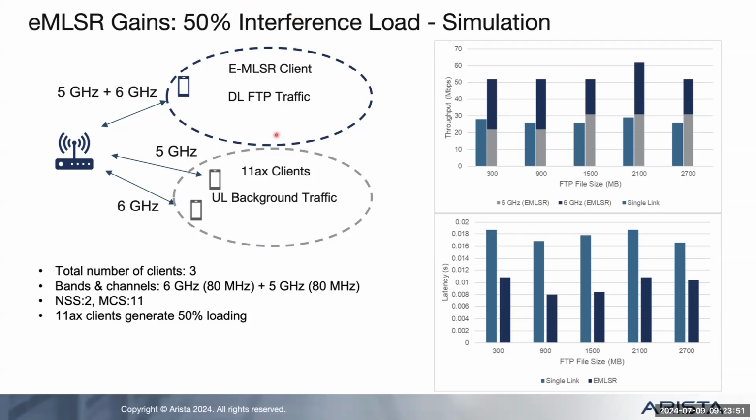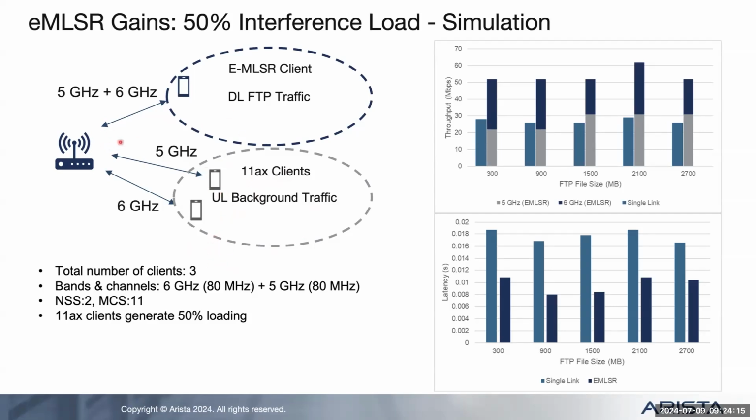So in this scenario, we have an EMLSR client associated to this access point. This is an EMLSR client, meaning it can operate in both 5 and 6. And we have two 11AX clients, so in total there are 3 clients.